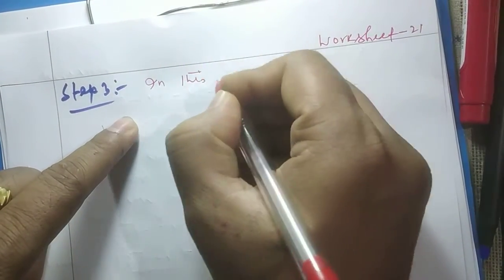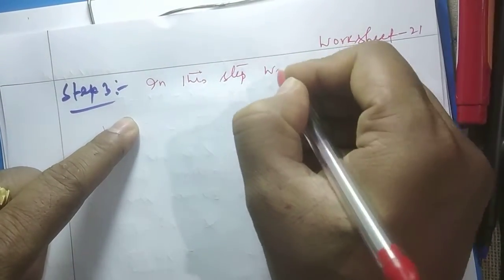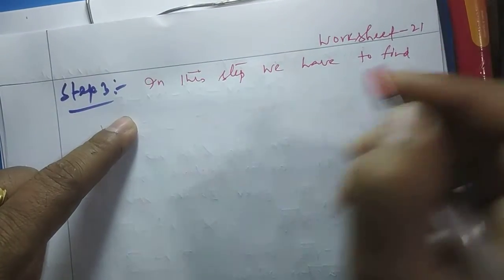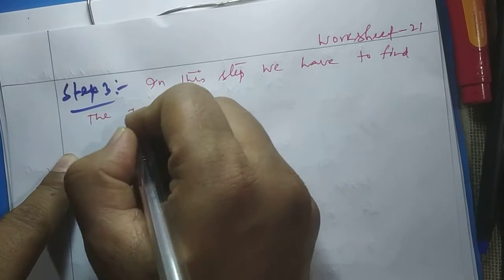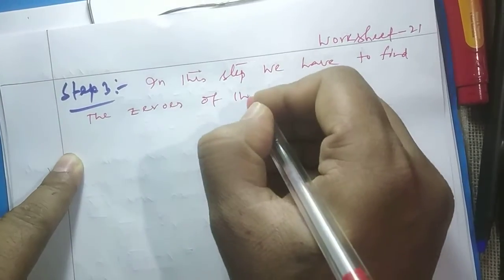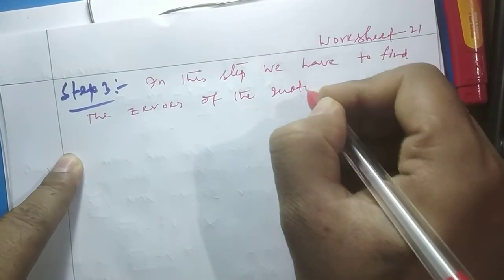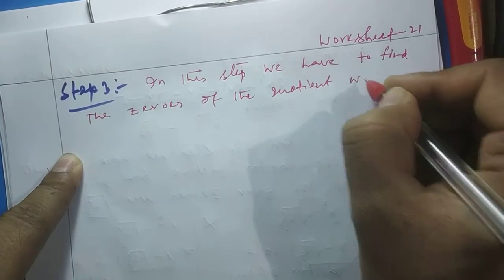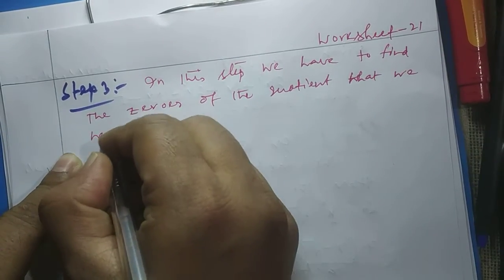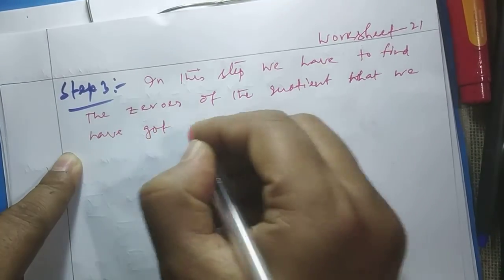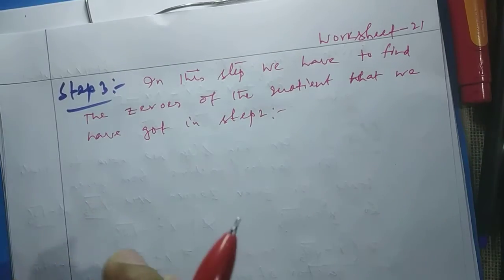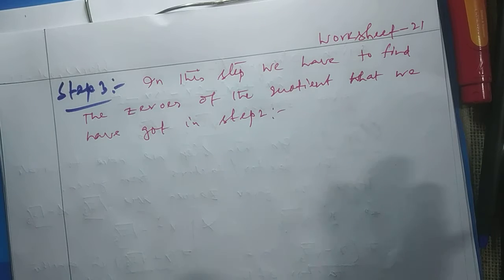In this step, we have to find the zeros of the quotient that we have got in step 2.